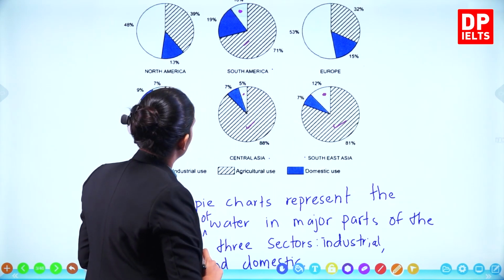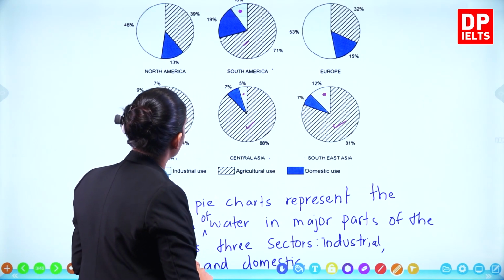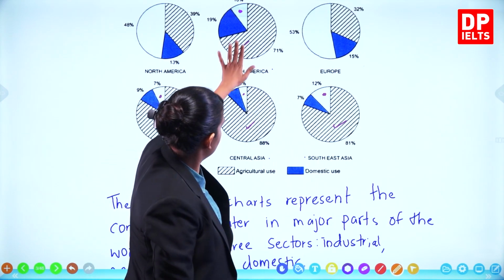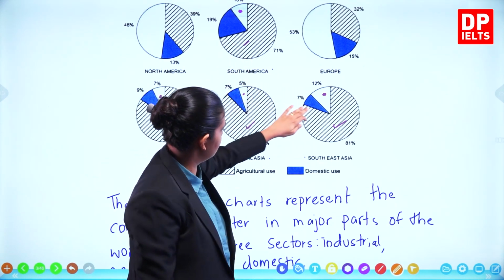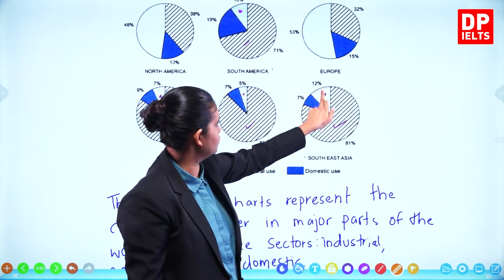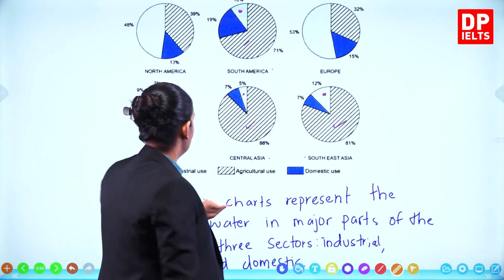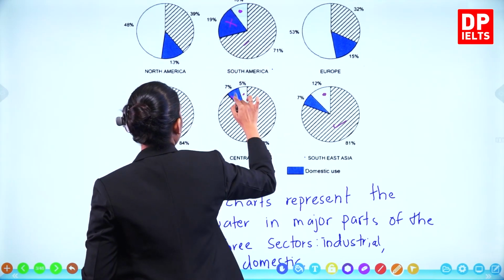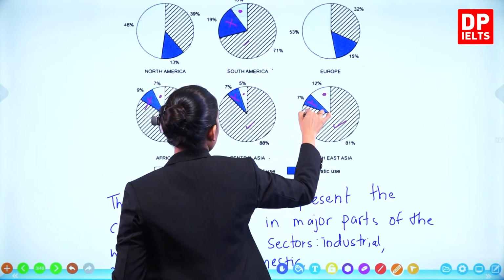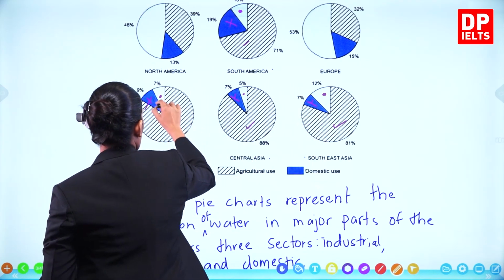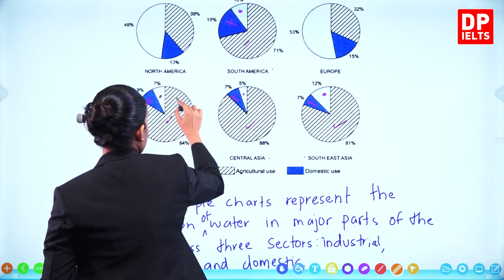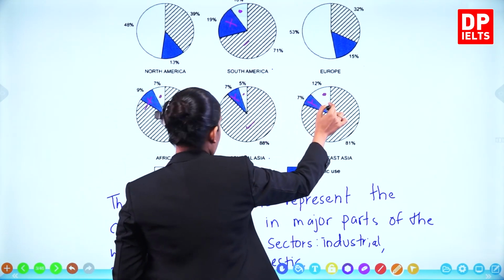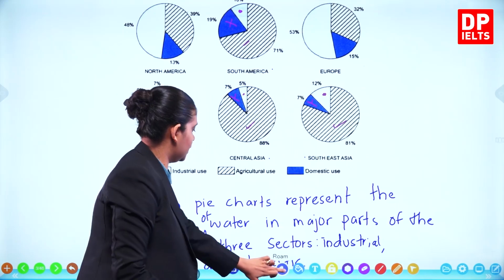So the second largest one here was domestic, domestic, domestic, but here it was industrial. Second highest is domestic, but here second highest is industrial, and that's what I have said.